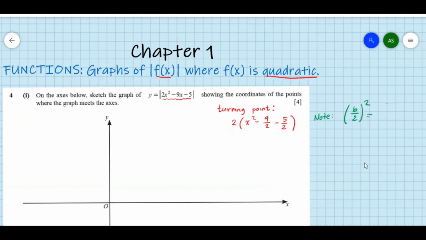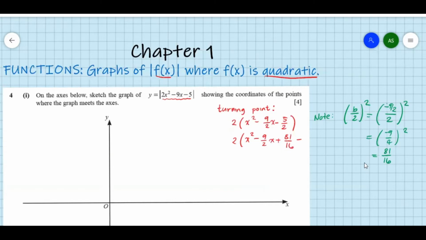So that means, in this case, your b is negative 9 over 2, so we take half of it squared. This will give us negative 9 over 4 squared, and finally, this will become 81 over 16. So 81 over 16 is the number that we are going to add to our expression: negative 9 over 2 x plus 81 over 16.